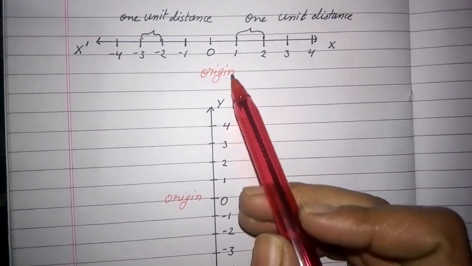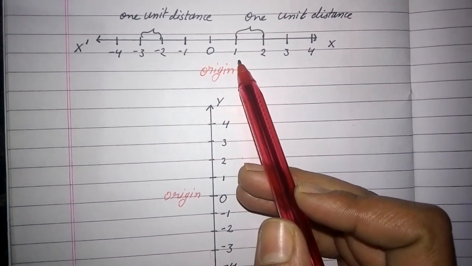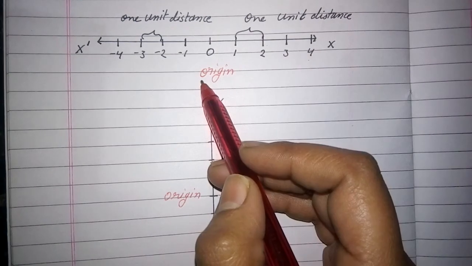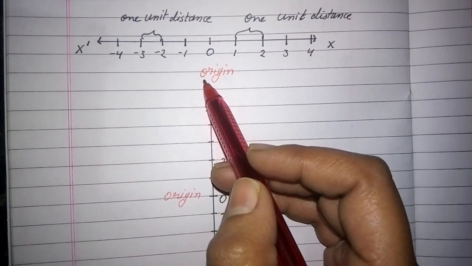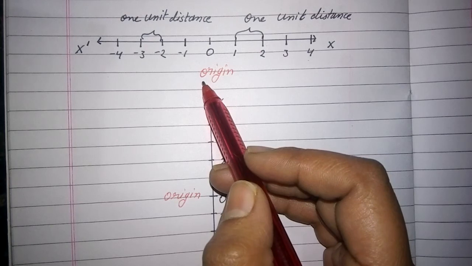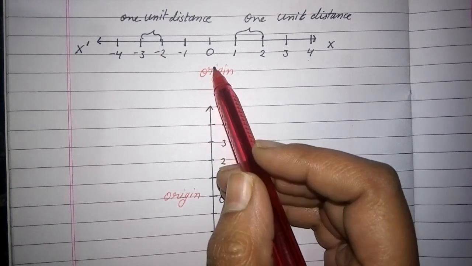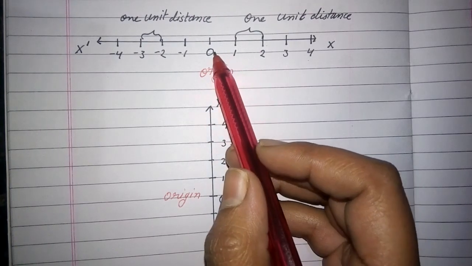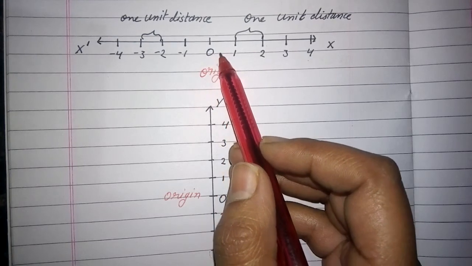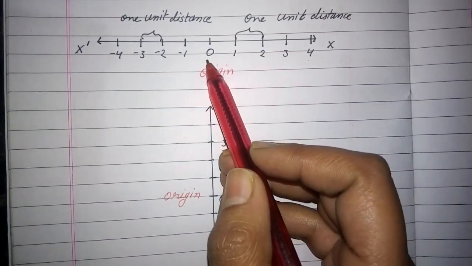Now what is the origin? The point from which the distance is marked is called the origin.